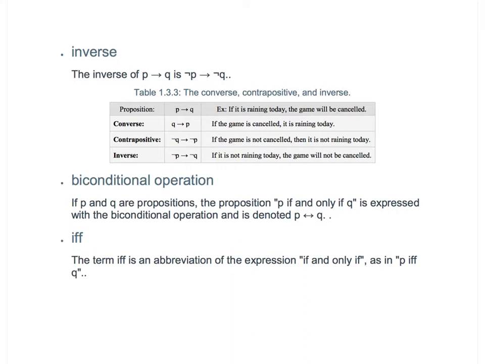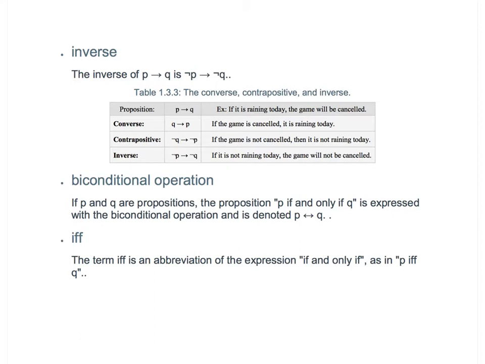Later, we will see that the inverse of a proposition and the converse of the proposition have equivalent truth values. So the inverse of a proposition is equivalent to the converse of the proposition, and the contrapositive of a proposition is logically equivalent to the original proposition.